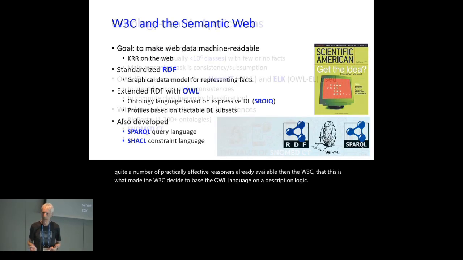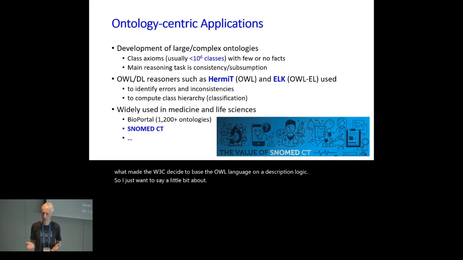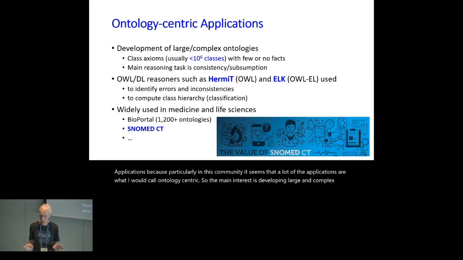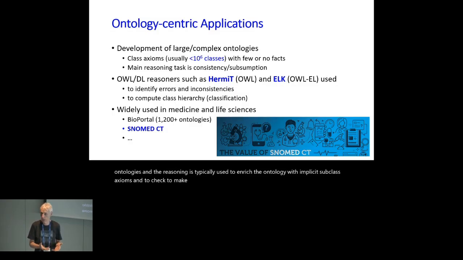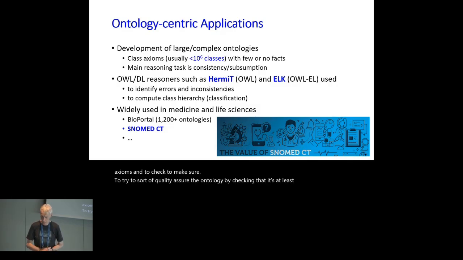So I just want to say a little bit about applications, because particularly in this community, it seems that a lot of the applications are what I would call ontology centric. So the main interest is developing large and complex ontologies, and the reasoning is typically used to enrich the ontology with implicit subclass axioms, and to try to quality assure the ontology by checking that it's at least consistent, and maybe checking a bunch of other things.